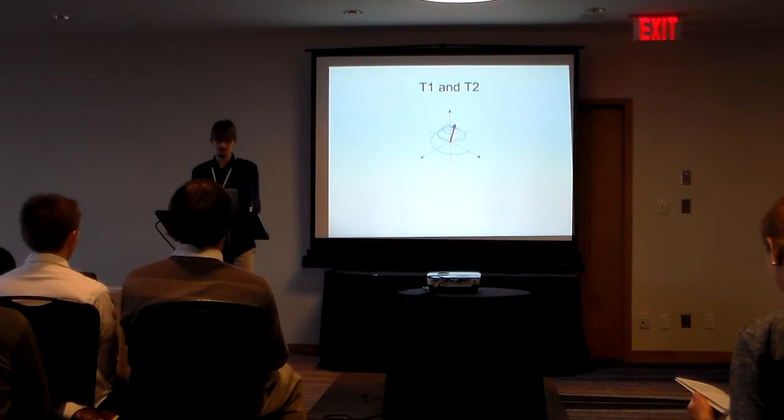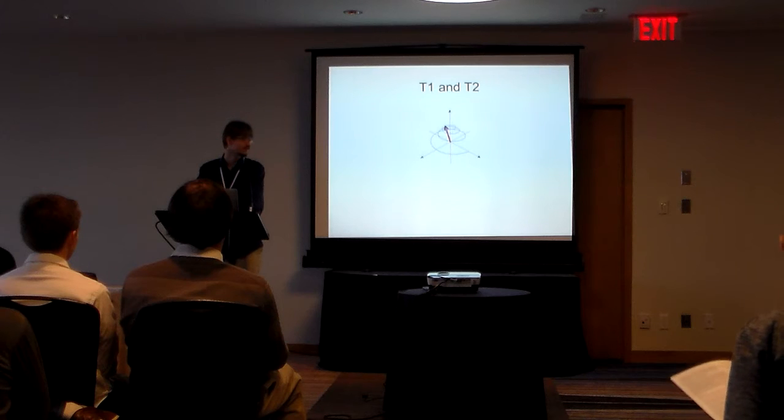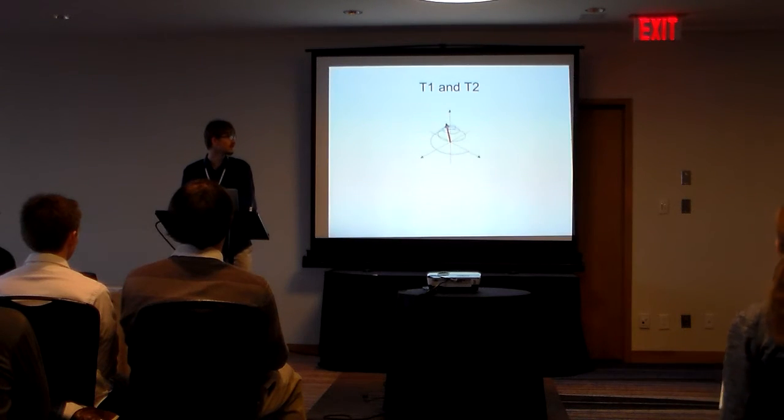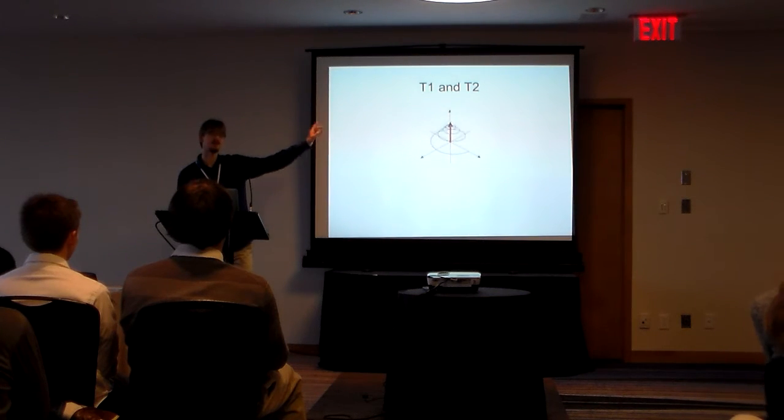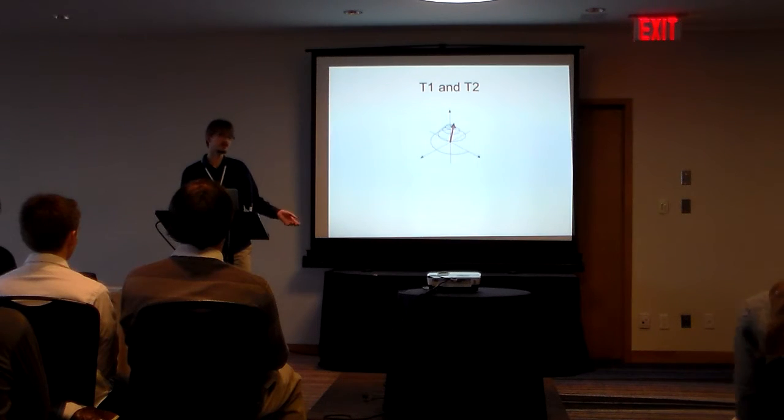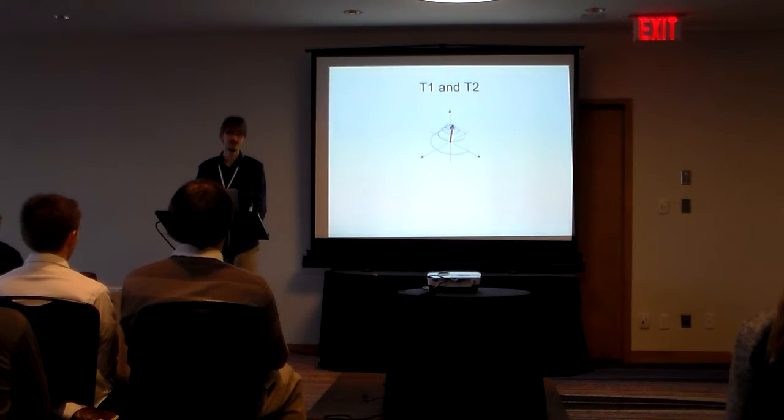So the important thing about this kind of motion is that there's two kinds of decay or transformations happening. First of all, the magnetization vector is realigning with the z-axis, so there is a T1, which we call T1 recovery.